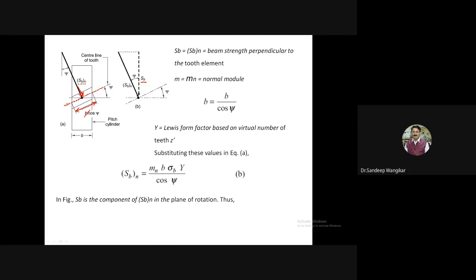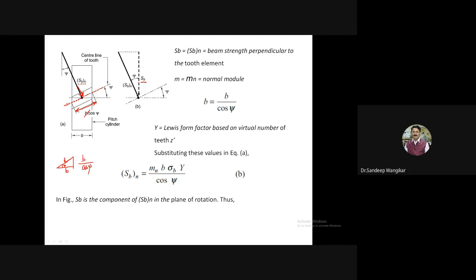For more understanding, you can see it like this. This side is b and this angle is psi. So cos of psi is equal to b divided by the hypotenuse, therefore the hypotenuse is b divided by cos of psi.